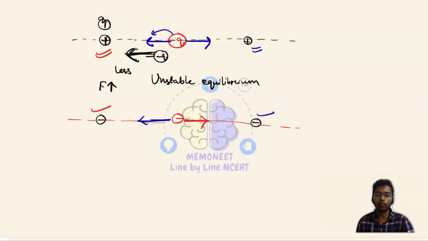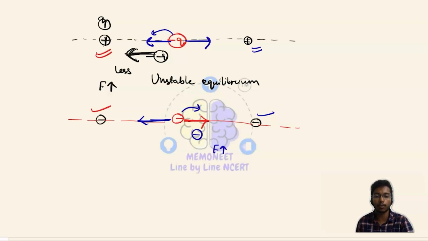But when we move the negative charge towards one of the negative charges, let's say towards here, the force will be more as the distance reduces. So it will repel more, because negative charges are like charges and they repel.